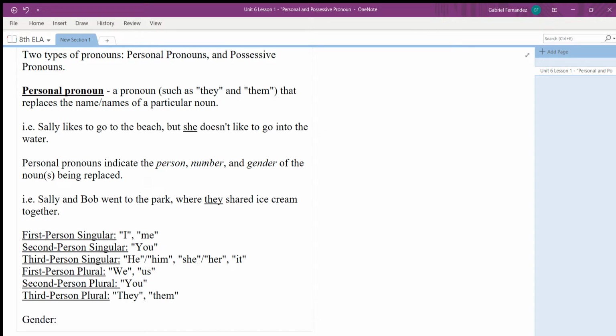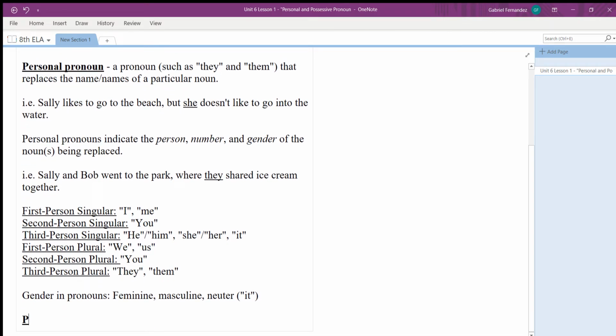And in terms of gender in pronouns, we say that they can either be feminine, such as she, her, masculine, he and him, and we use the word neuter to describe it when the gender is unknown, okay?